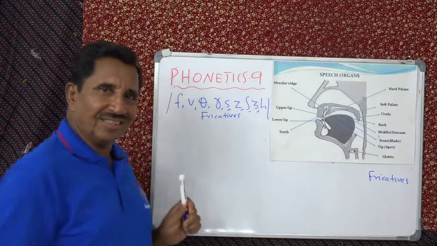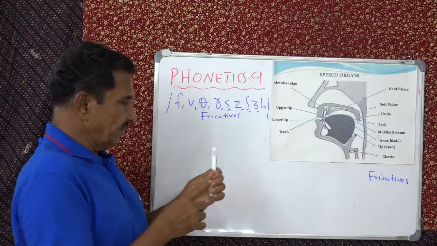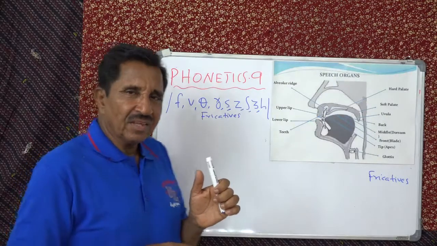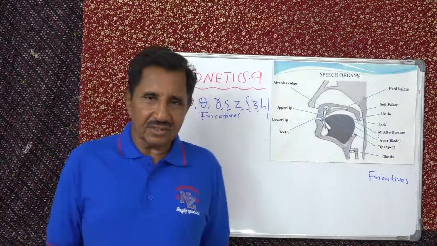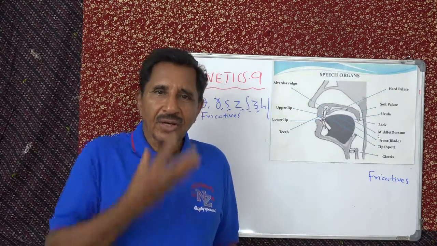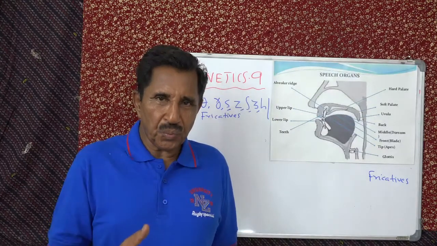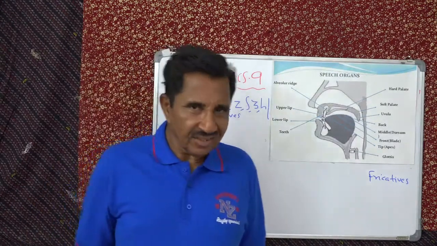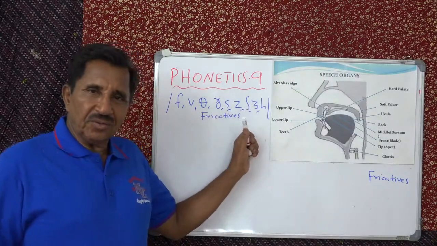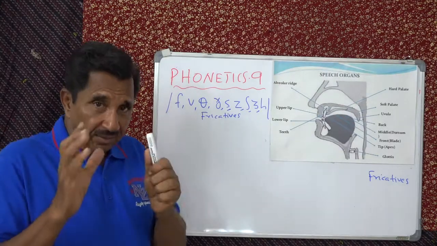Or you can see, even this, you cannot hear it. See, this is a friction sound. You are narrowing the mouth passage. Then whistling. There is whistling, friction. Like that. So when you produce these sounds, you hear a friction sound, and therefore you call them fricatives.